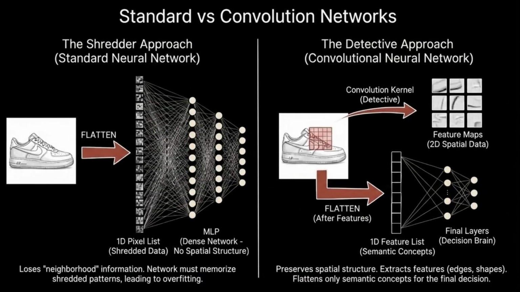But in images, spatial structure is extremely important. The shape of a shoe, the outline of a face, the edge of an object, all these depend on how pixels are arranged in space. Convolutional neural networks solve this problem in a completely different way. Instead of shredding the image, CNNs behave like detectives.